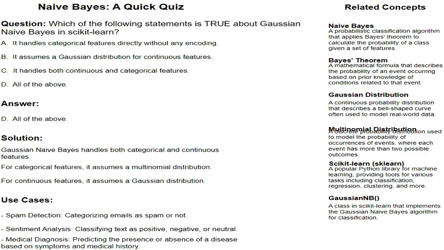Related concepts. Naive Bayes: a probabilistic classification algorithm that applies Bayes' theorem to calculate the probability of a class given a set of features.